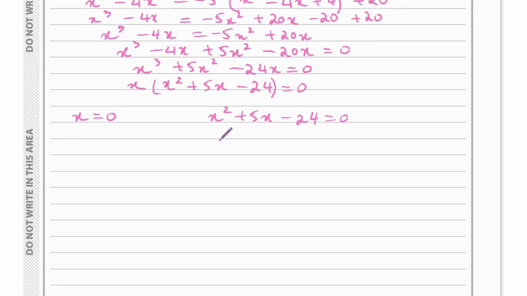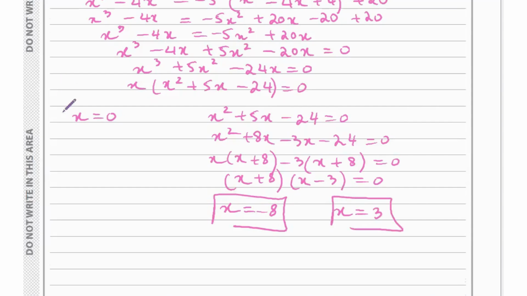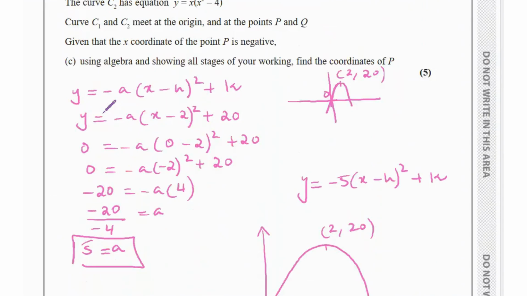So it's going to be x squared plus 8x minus 3x minus 24 equals 0. x times (x plus 8) minus 3 times (x plus 8). (x plus 8) times (x minus 3). x is equal to negative 8 and x is equal to 3. They said that P has a negative x value, if I'm not wrong. Yes. So which means x is going to be negative 8 for P.